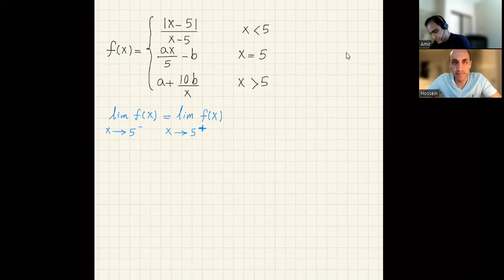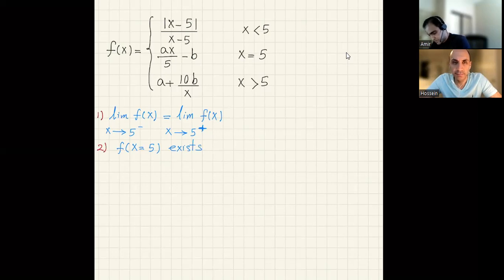And the other condition for continuity is that f of x at 5 exists, and it has to be equal to the value of the limit.